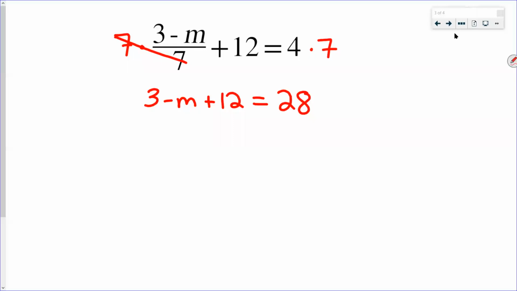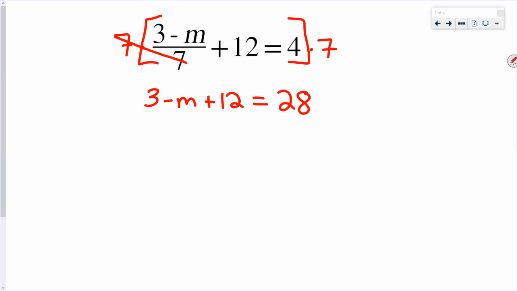We also have to multiply the 7 by the 12. Thank you, because I forgot to include my bracket. So when we do this, this is the tricky part. If we're going to get rid of the 7, we have to multiply it by everything.